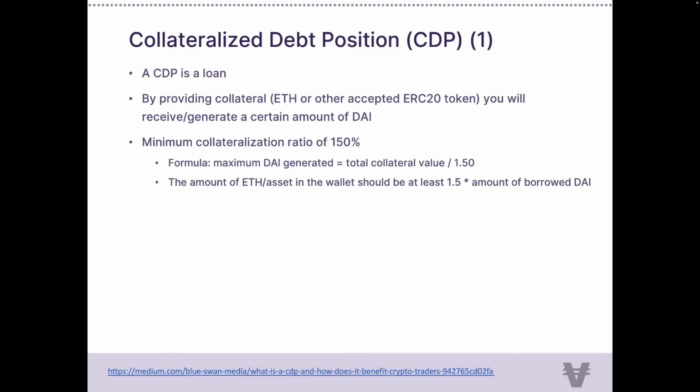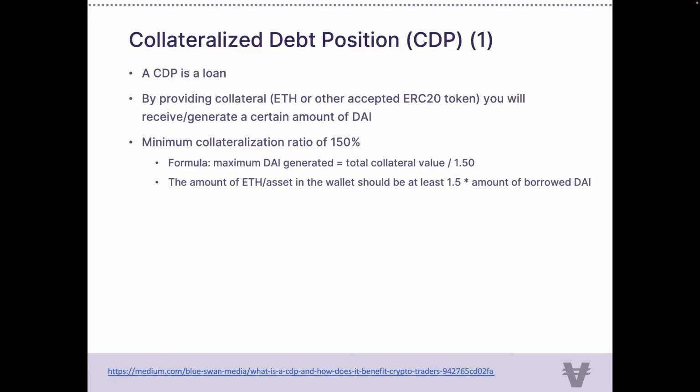So this means that to get the maximum DAI you can generate in this formula, you need the total collateral value, which can be 1 ETH or 2 ETH, whatever amount you want to put up as collateral, and then divide that by 1.5. But that is, of course, the minimum.